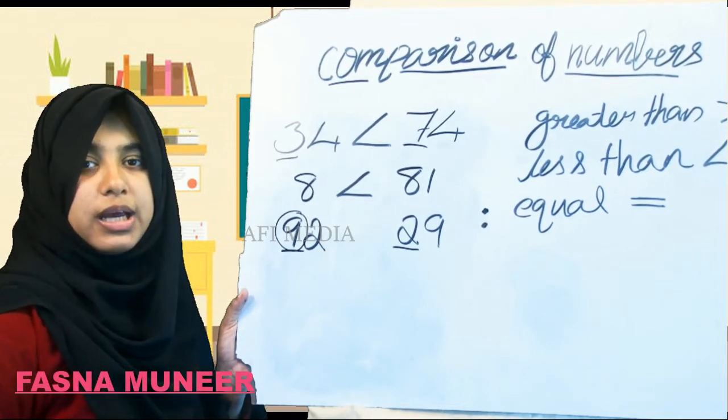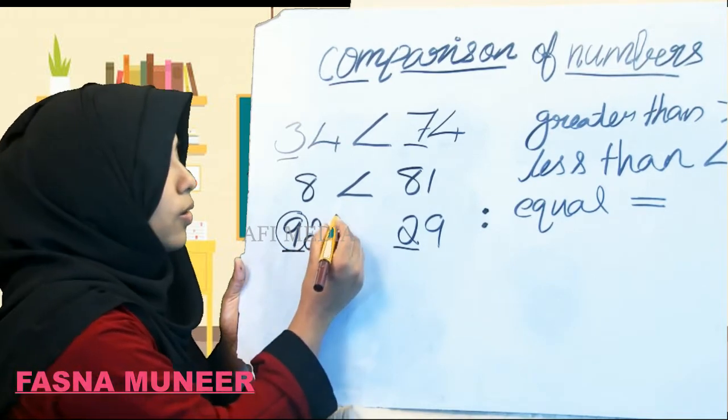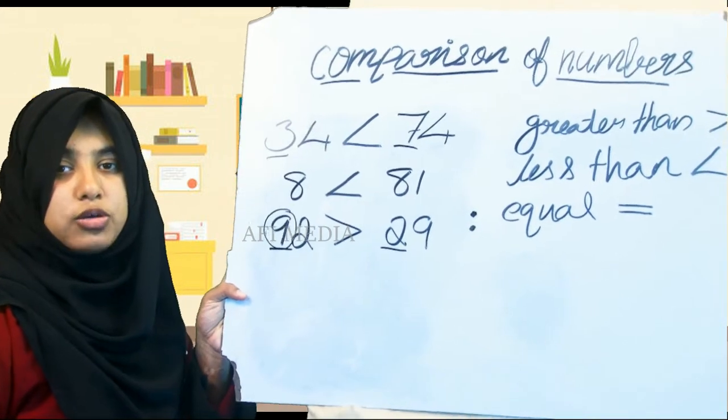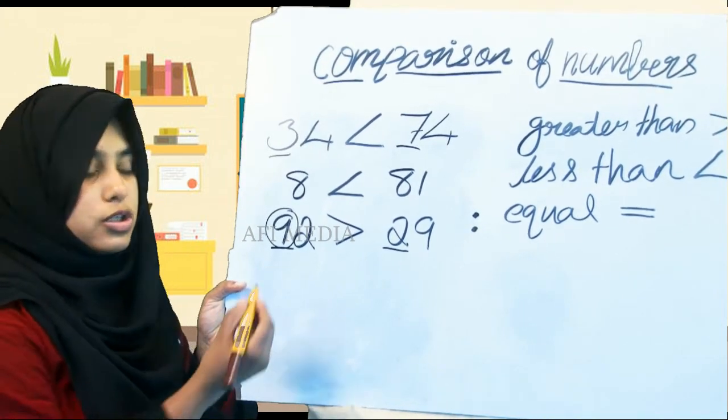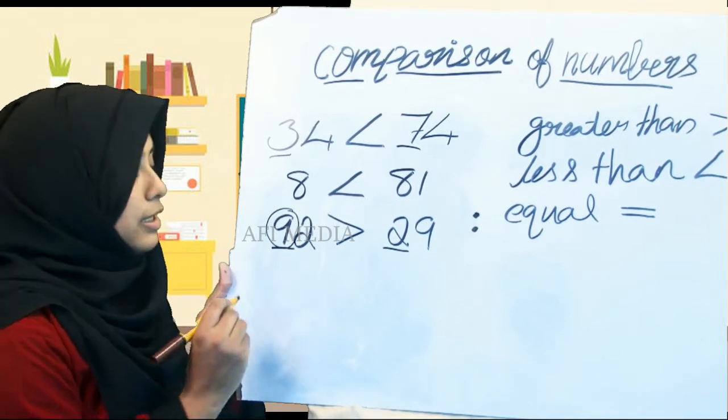Which is bigger? 90. Then what do we do? Open his mouth toward 92. 92 is the bigger number. Okay. Next one.